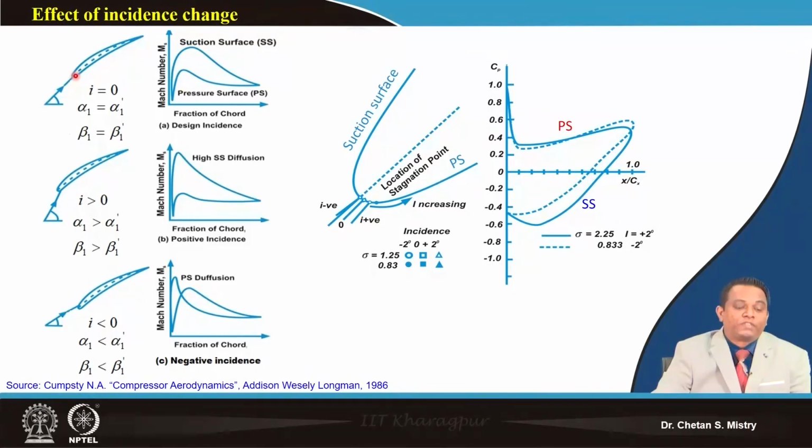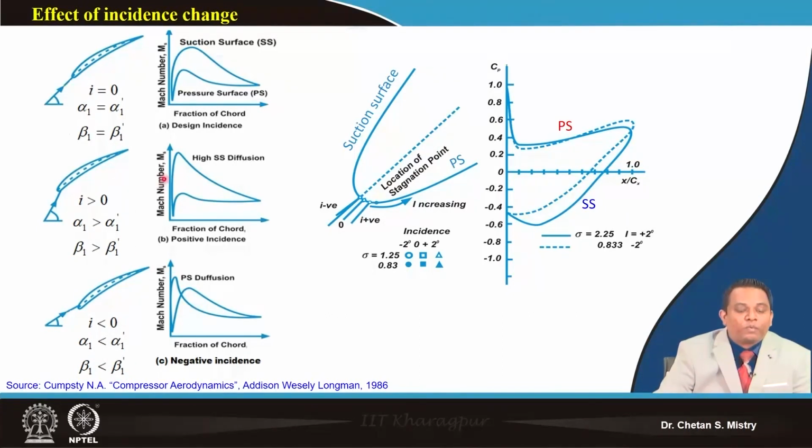So this represents the incidence angle equal to 0 condition. Now, as we have discussed, we can have an incidence angle greater than 0, meaning my alpha 1 is greater than alpha 1 dash, and beta 1 is greater than beta 1 dash. And we can have a third condition in which my incidence angle is less than 0. So this is my configuration.